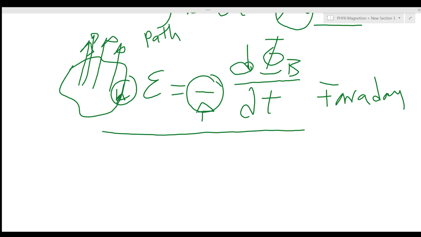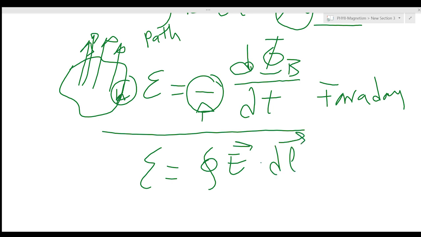Again, the EMF is defined as the circulation of the electric field in a closed path, through the wire itself. So this is going to be the EMF, and from there we do a lot of applications.